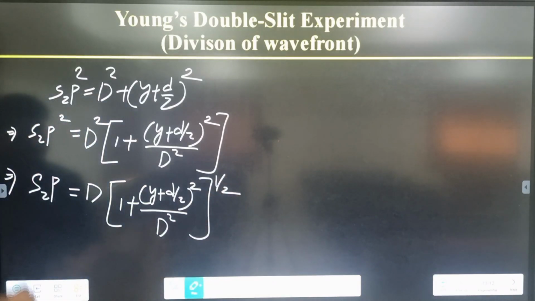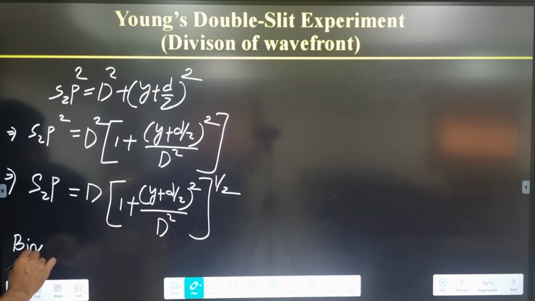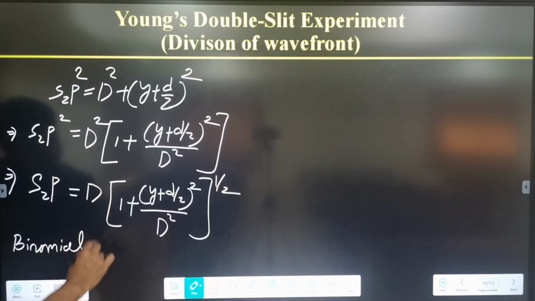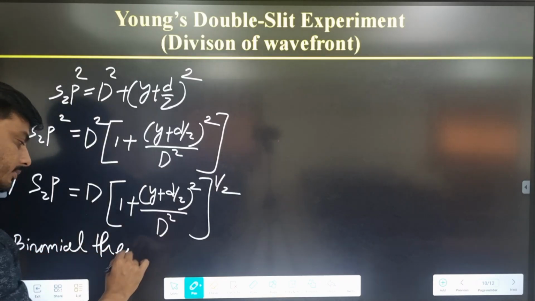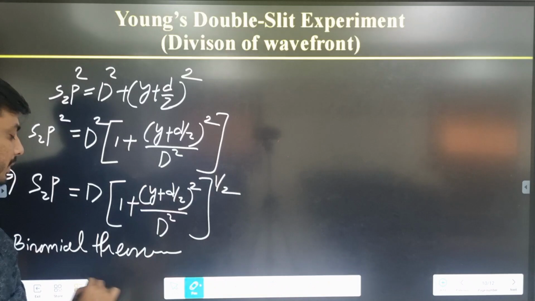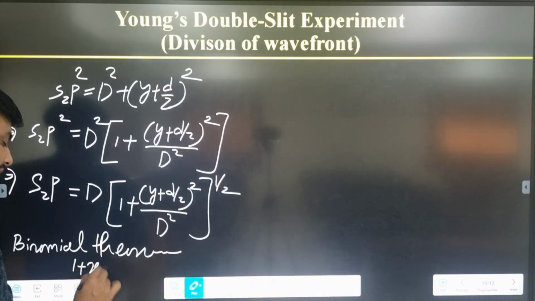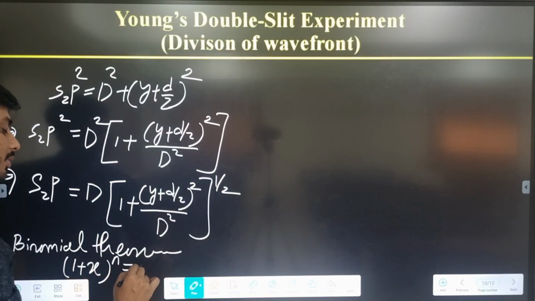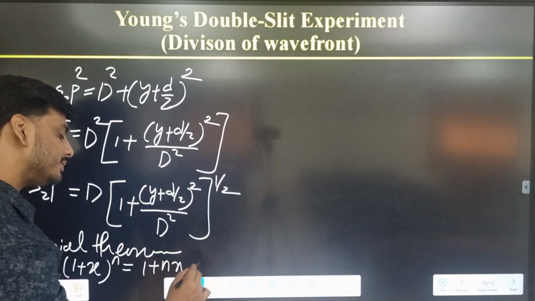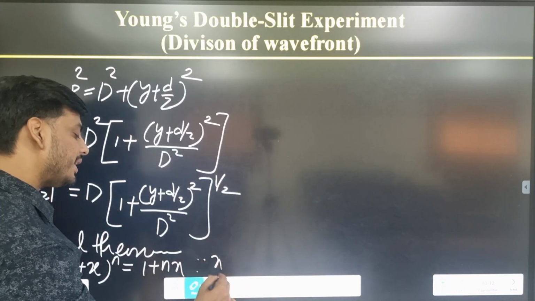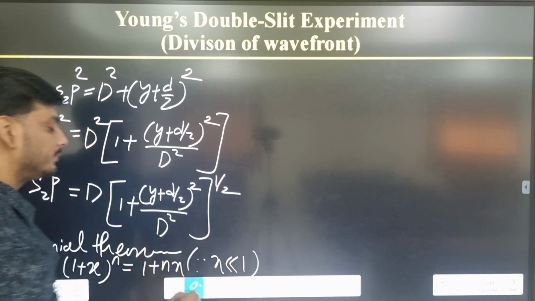I think you remember the binomial theorem. The binomial theorem says (1 plus x) to the power n is approximately equal to 1 plus nx, when the condition is x is much less than 1.